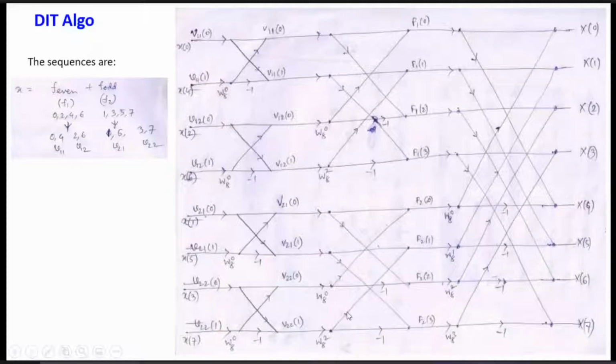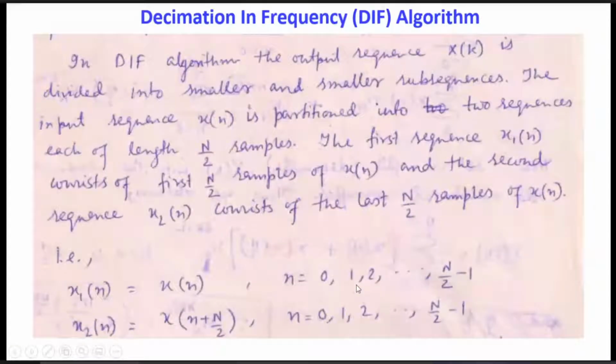And for DIF, you have to calculate this one. So for that, you need to calculate W80, W81, W82, W83 for all cases, and put the values x0, x1, x2, x3 in the time sequence, and multiply, add, and then you get the result.